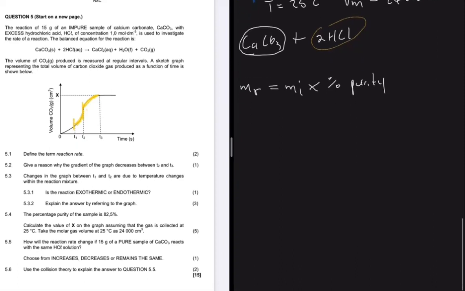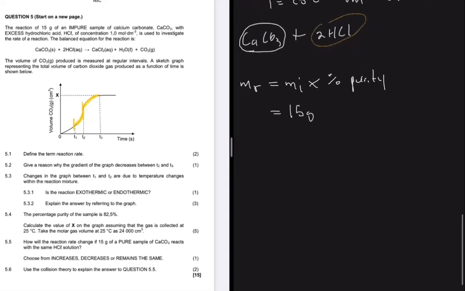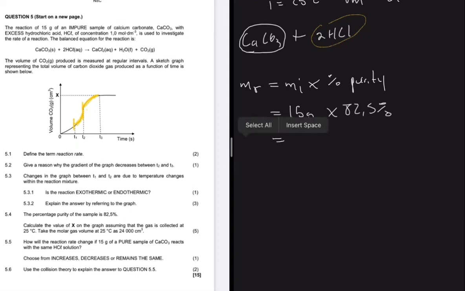So that will be equal to, we know that the initial mass is 15 grams multiplied by 82.5%, which is going to give us, so 15 multiplied by 82.5%, that gives me 12.375 grams.